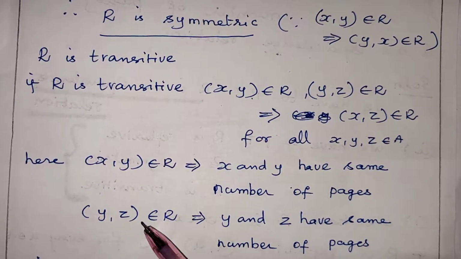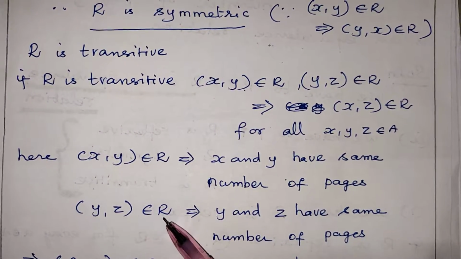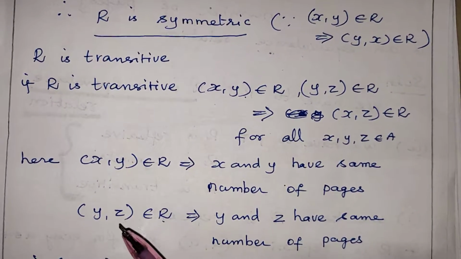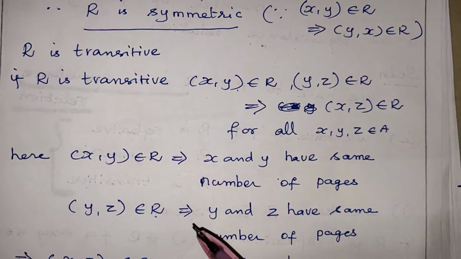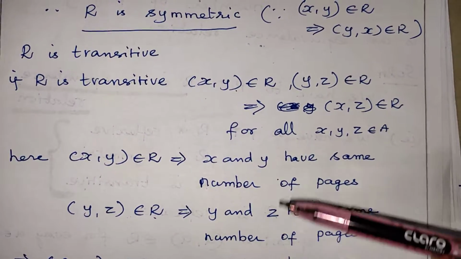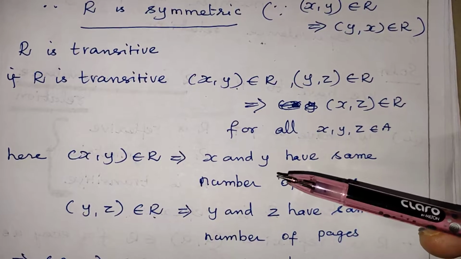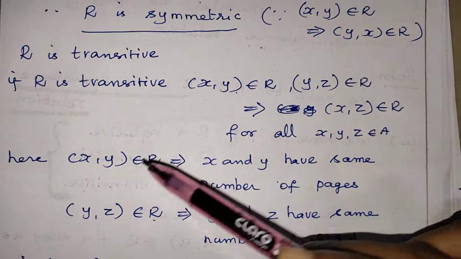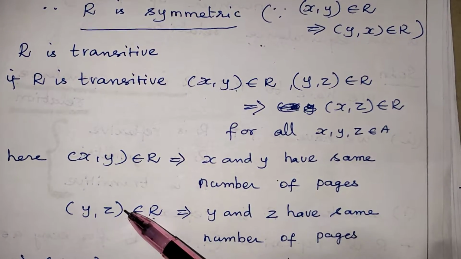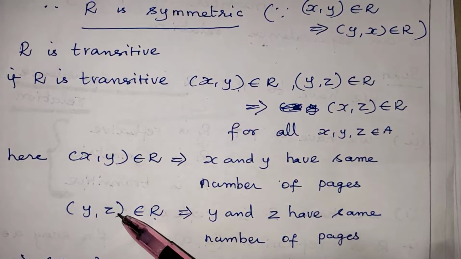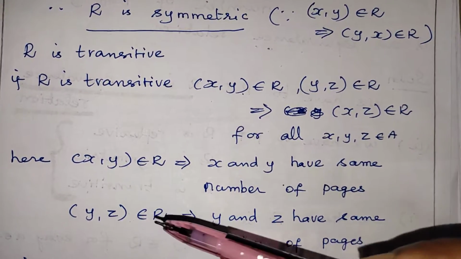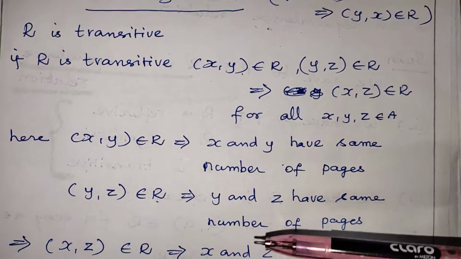Another statement, (y, z) belongs to R, means y is one book, z is another book, and y and z have the same number of pages. From these two statements, the conclusion is that x and y have the same number of pages, and y and z have the same number of pages. That means x and z also have the same number of pages.